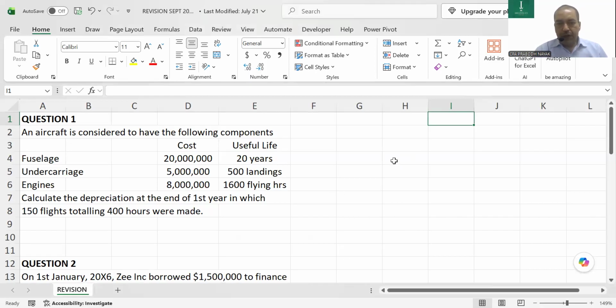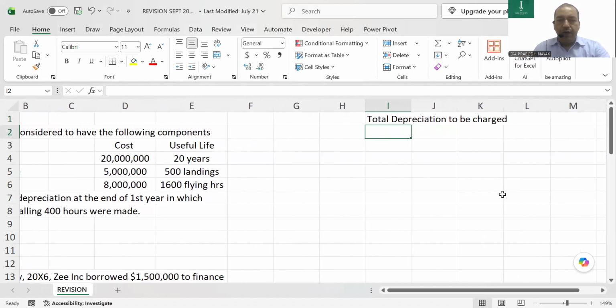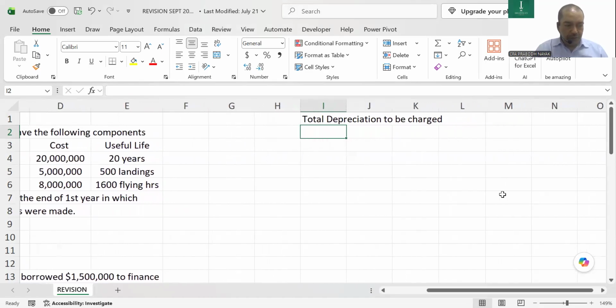Okay, so let us start calculating the total depreciation to be charged, starting with the fuselage, the cost of which is given to me as $20 million.